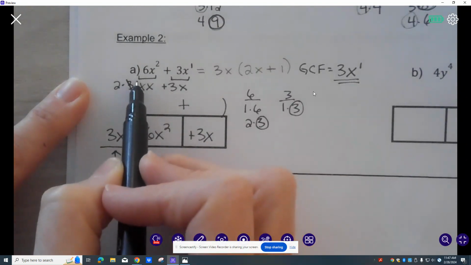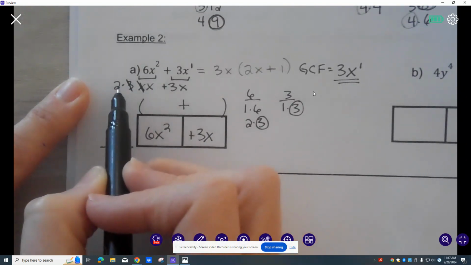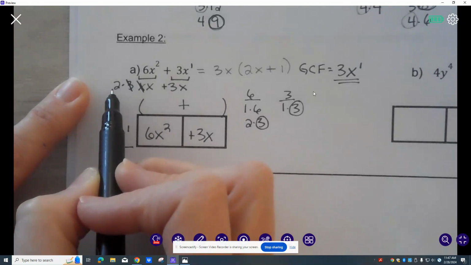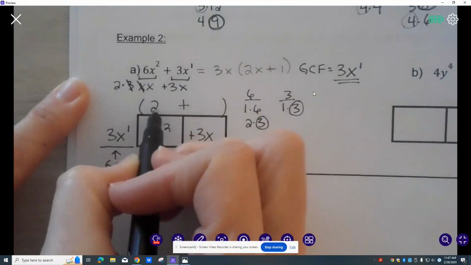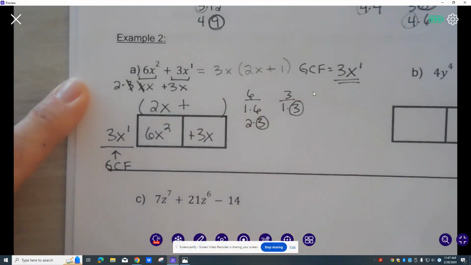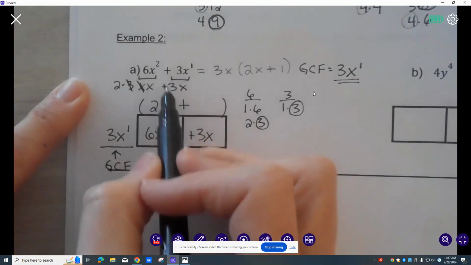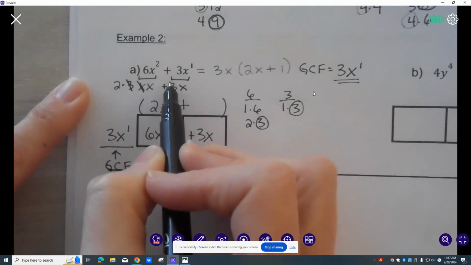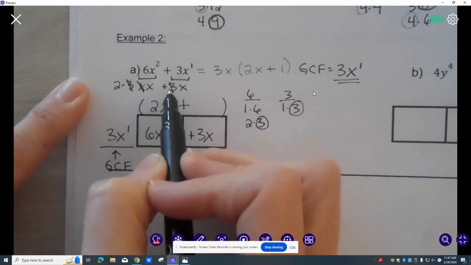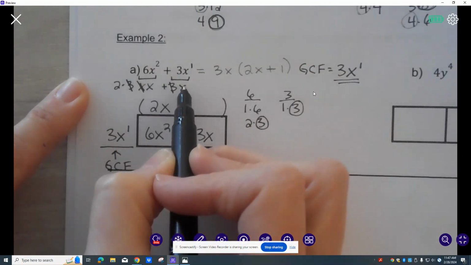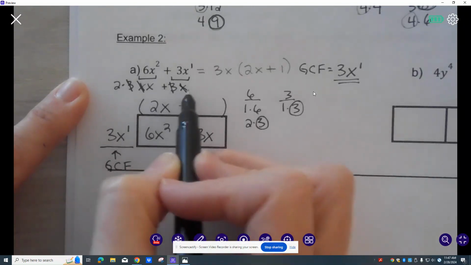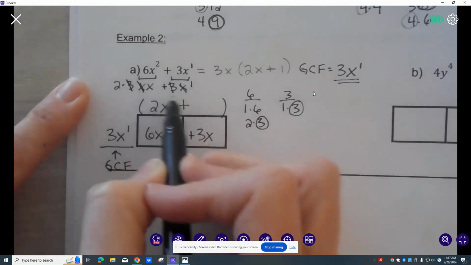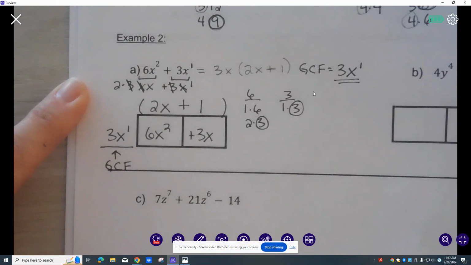If I'm dividing by an x, I'm taking out an x. And what is left over? A 2 and an x. So that goes right there. If you're taking this term and you're dividing out a 3x, you're dividing out a 3. 3 divided by 3 is 1. You're dividing out an x. x divided by x is 1. So what you have left here is a 1.